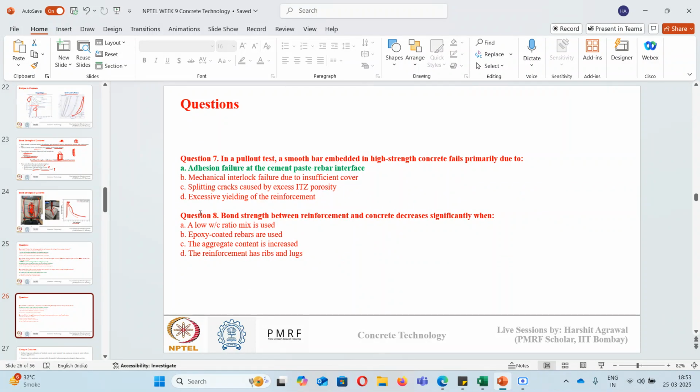Now question number 8, bond strength between reinforcement and concrete decreases significantly when.